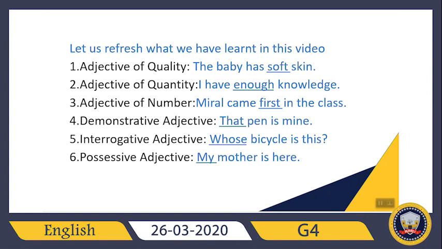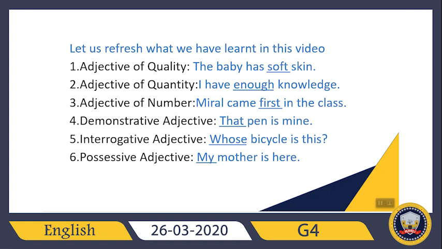So the next one we're going to be talking about, interrogative adjective. Interrogative adjective is used when you want to ask a question about something you don't know. Whose bicycle is that?